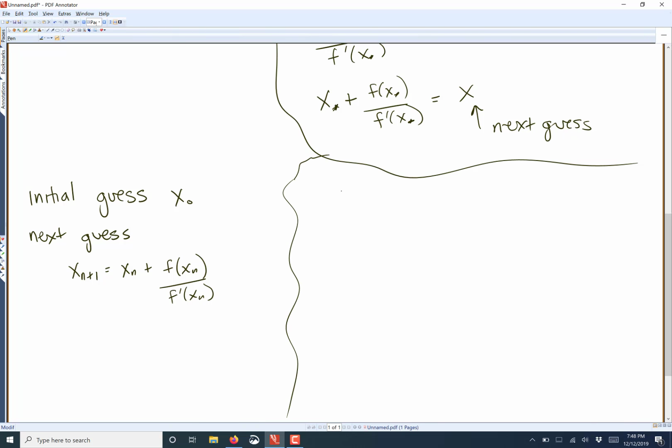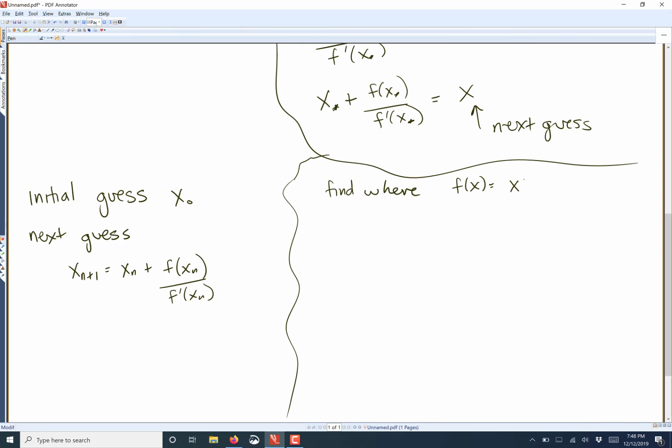So a good example of this is, let's find where f of x equals cosine of x. I don't think I want to do one quite that complicated for this.